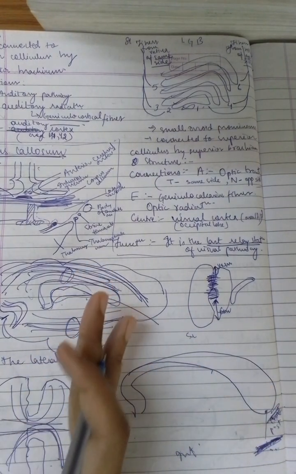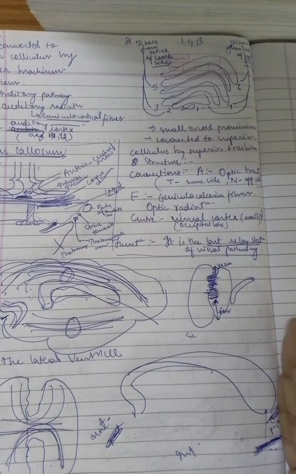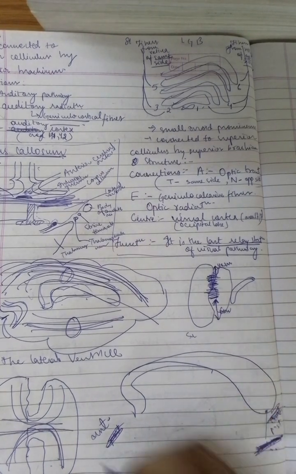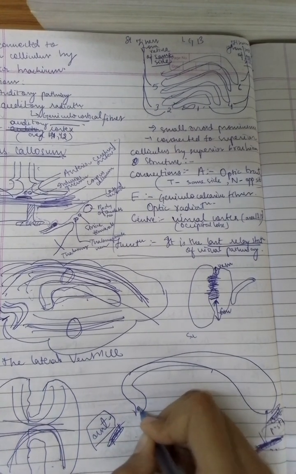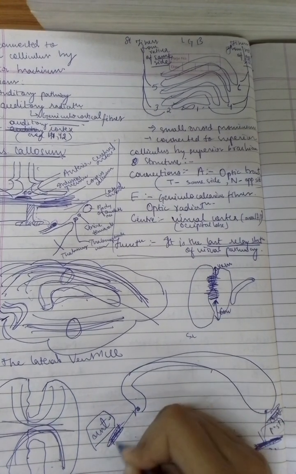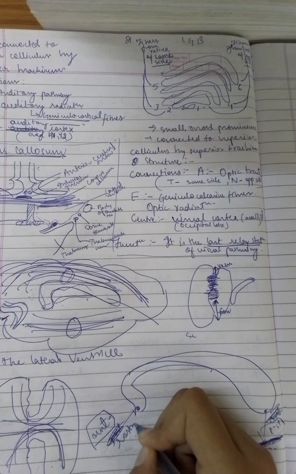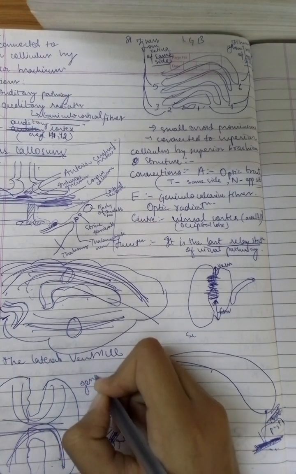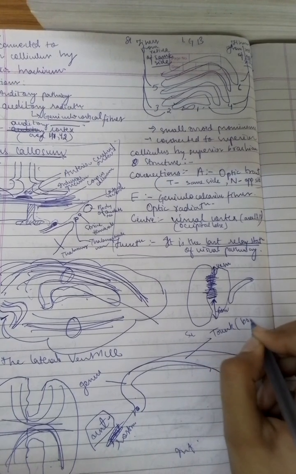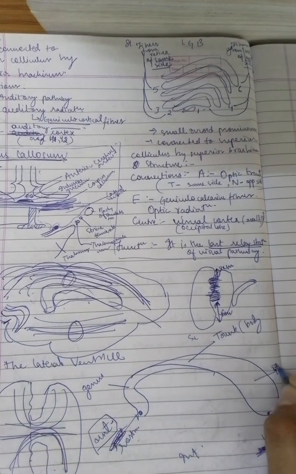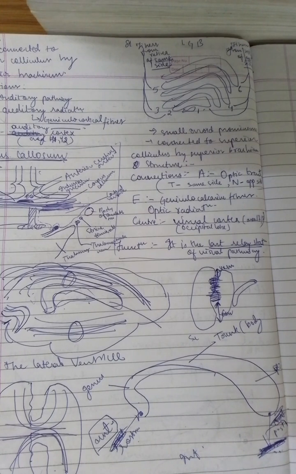Here lies the rostrum. This is genu, this is trunk or the body, and this is splenium. Splenium is the broad behind part.